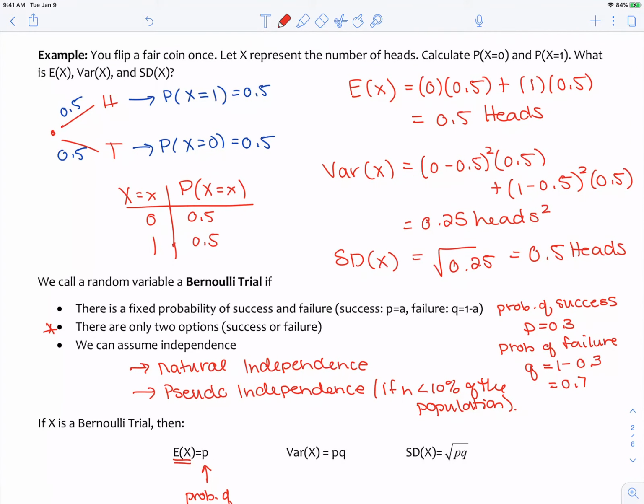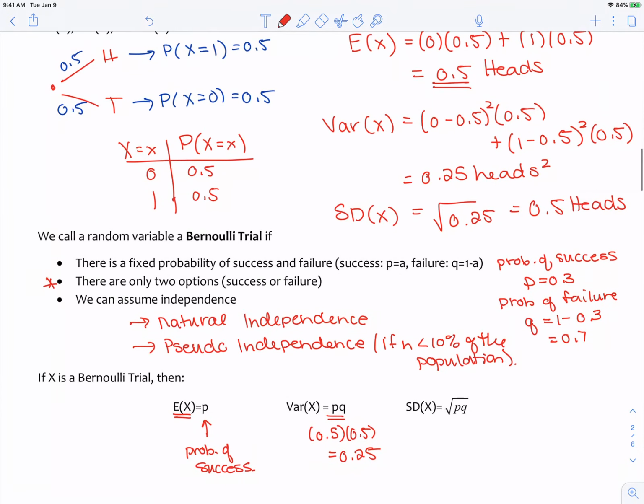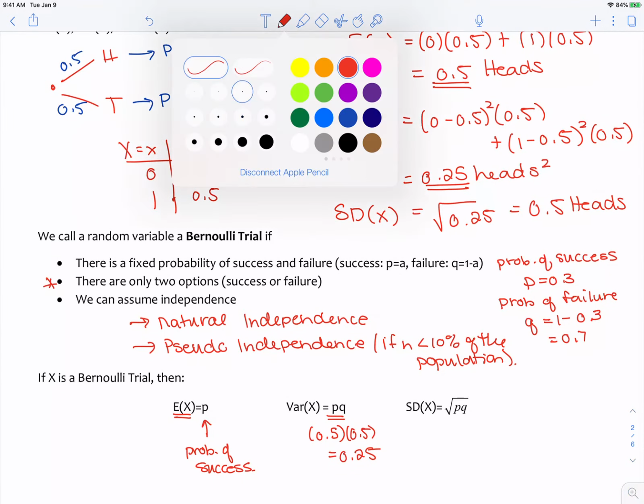Our expected value was the probability of success. It was 0.5. How about the variance of X? Well, the variance of X is P times Q, that was 0.5 times 0.5, which was 0.25. Aha. Yes, indeed, that works there too, right?